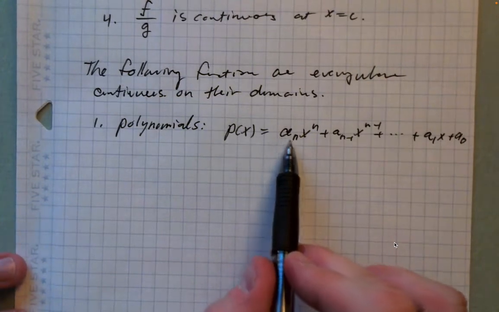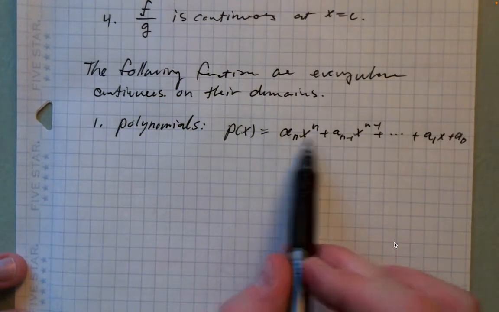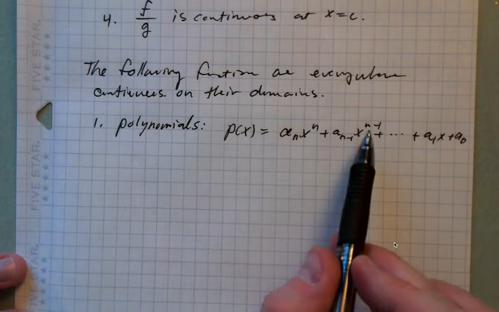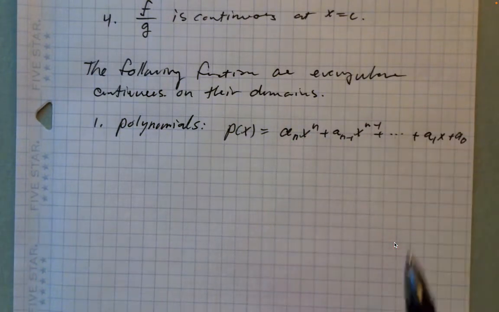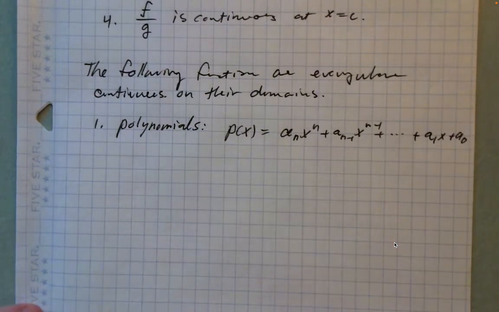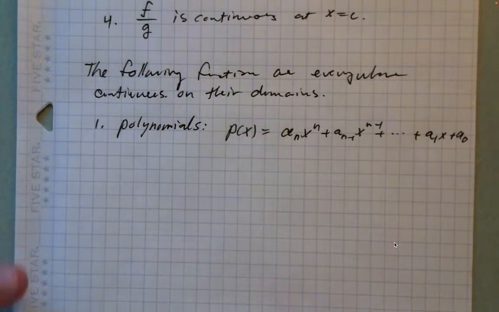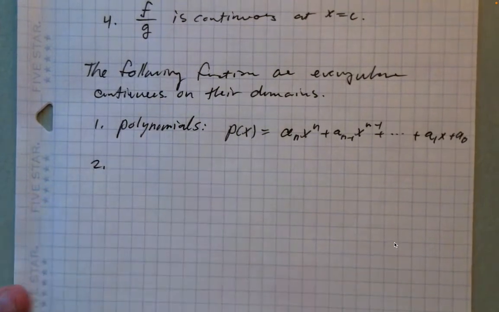Where the a terms here are constants, they're real numbers, and the exponents here are all positive integers. So these are the normal polynomials. Those are everywhere continuous. It turns out that polynomials are continuous on the entire real number line. There's no real number that you can't plug into a polynomial. And their limits are always nice and clean due to the fact that they're everywhere continuous.